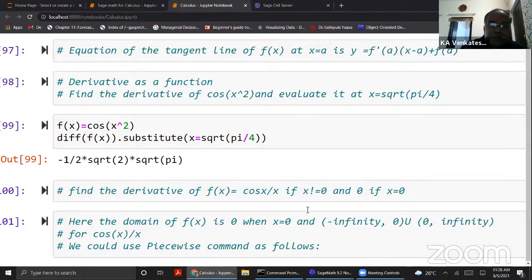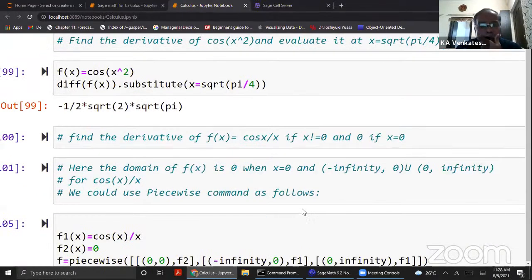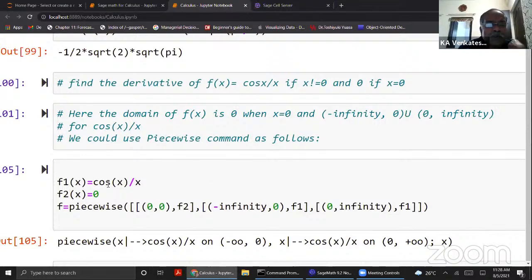So this problem, how to define, I'll say. f1 of x is cos x by x, f2 of x is 0. This is what is given. We have changed f of x from a piecewise function to 2 functions, because both have different domains. At x equal to 0, it is only 1 point, therefore I'm defining it as 0, as f2.